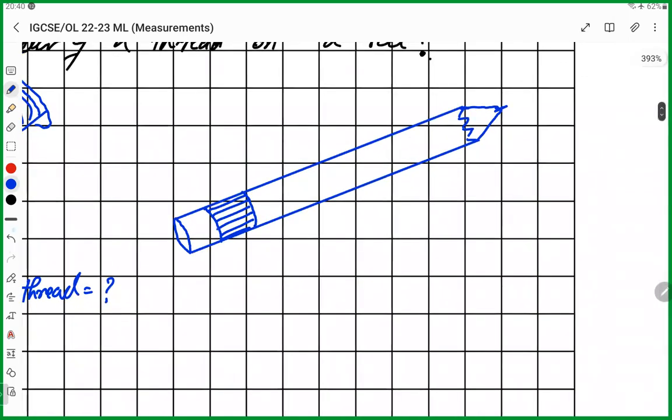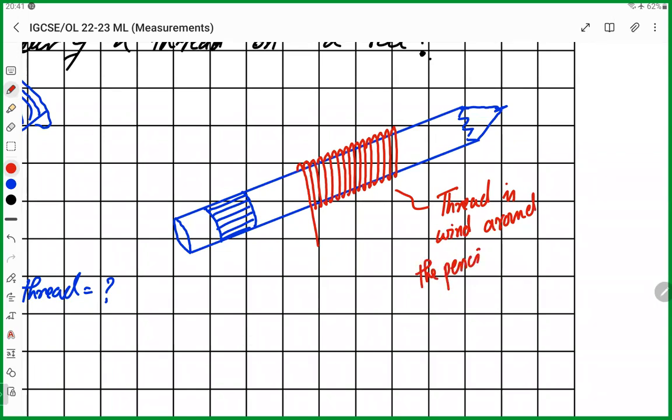Now, what I do is I make the thread go around the pencil again and again, making side by side turns, leaving no gap between the turns and not letting the thread overlap. The thread is wound around the pencil, avoiding overlaps and gaps.